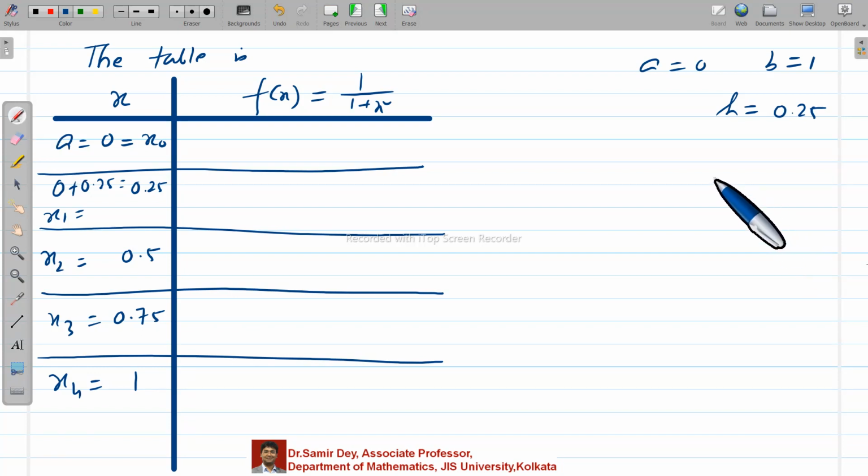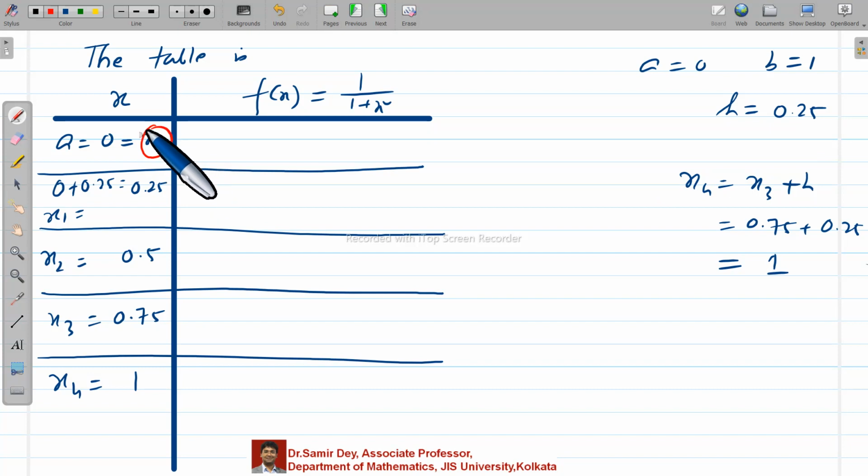So please write down x4. x4 is equal to x3 plus h. x3 is 0.75 plus 0.25, ultimately it is coming 1. Okay, now it is clear to all of you. So this is your x0, x1, x2, x3 and x4.